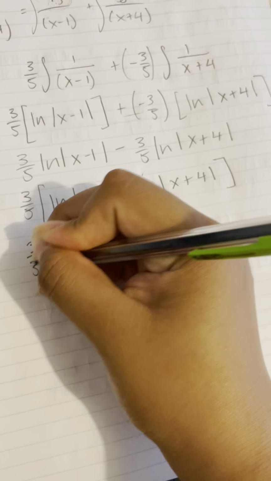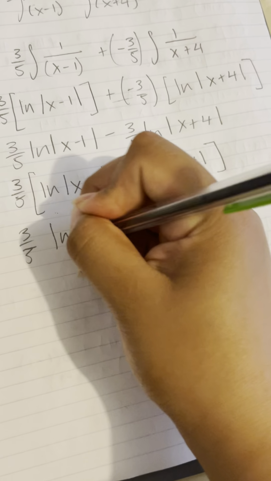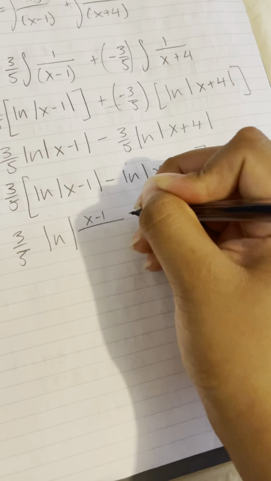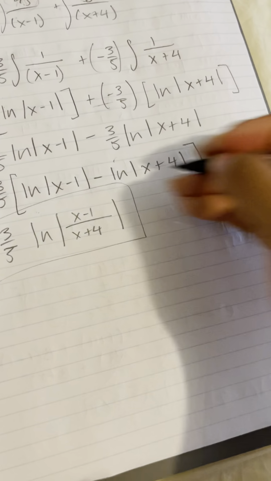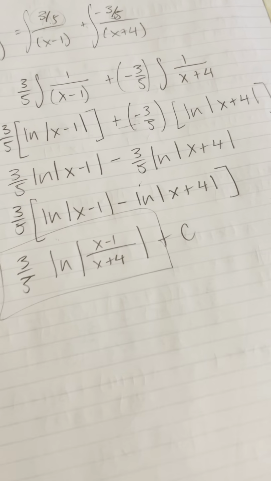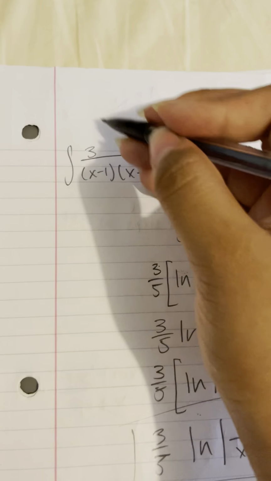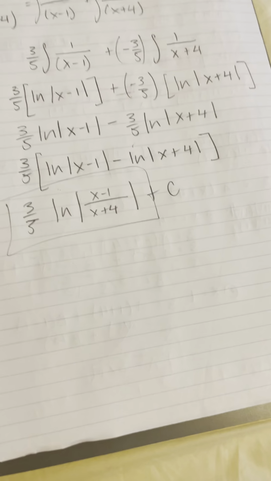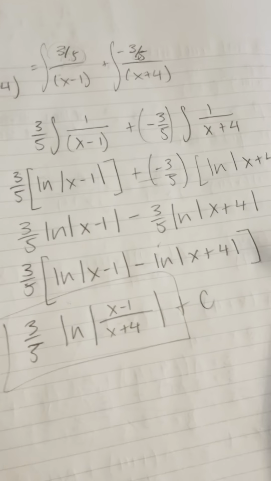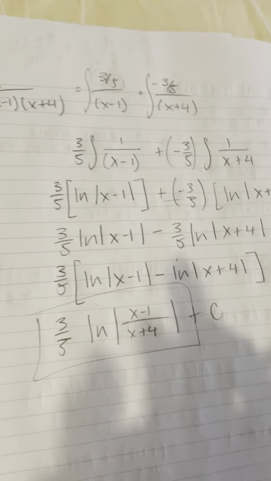So it's 3 over 5 ln of x minus 1 over x plus 4. And that's your answer. You could put plus c, I forgot. Because there weren't any bounds. If there was a bound, then that would have been a different story, but there's no bounds, so you can just put the plus c. I don't know if your professor is iffy on that, but yeah. That's how you do the first type.